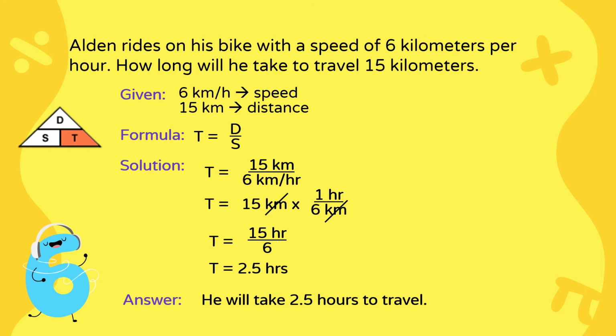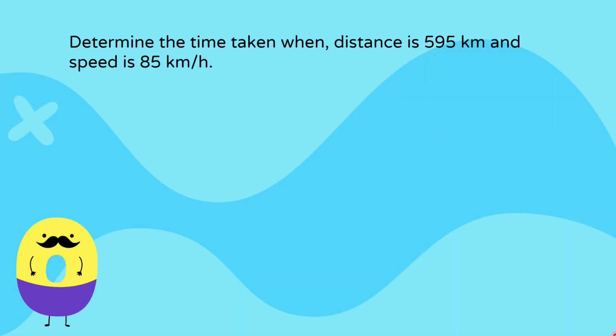Determine the time taken when distance is 595 kilometers and speed is 85 kilometers per hour. So given we have 595 kilometers as our distance, 85 kilometers per hour, that would be our speed. To find the time, the formula is distance divided by speed.